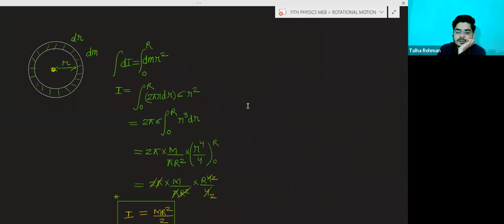And a cylinder is a three-dimensional object. But if you are taking a hollow cylinder, then... okay.